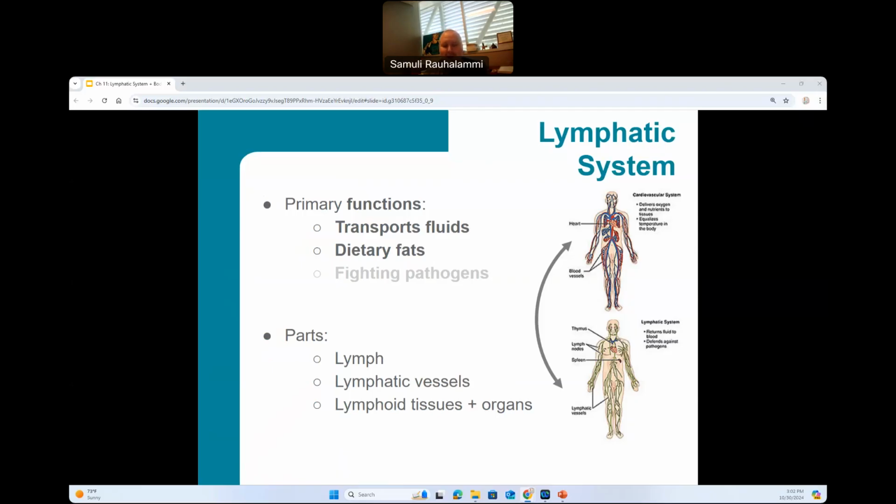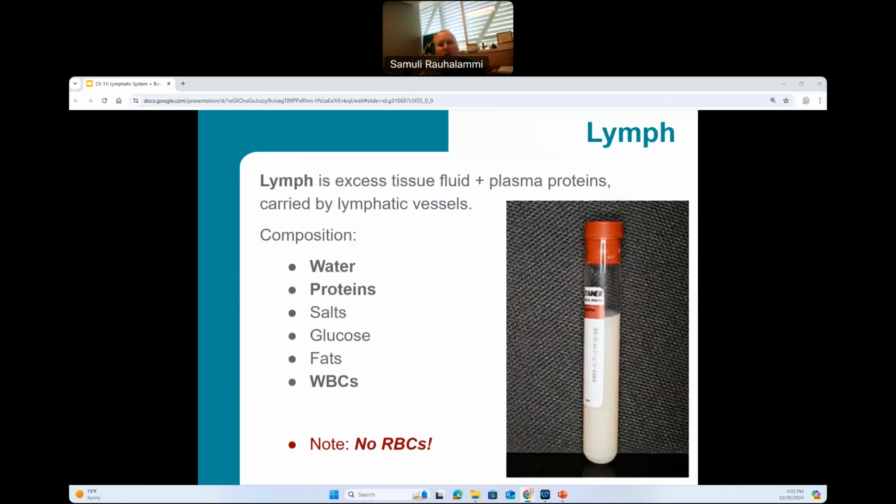When it comes to the parts of the lymphatic system, this really provides us a rather nice outline for what I want to cover in this session with you. So lymph is really in its composition exactly similar to our blood plasma's composition. And that's also the same as the composition of the interstitial fluid, so the fluid between the cells.